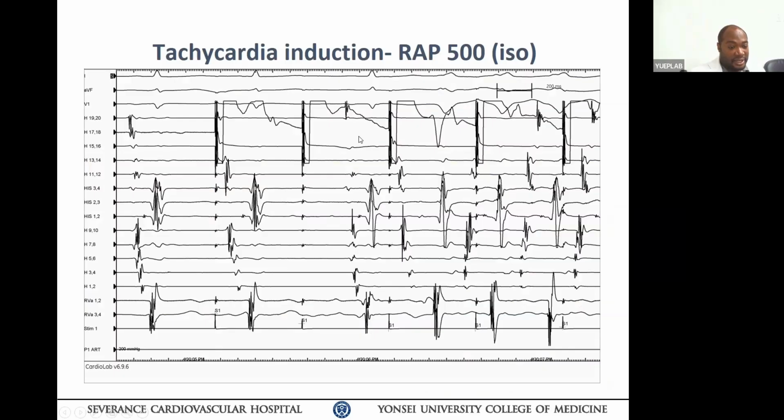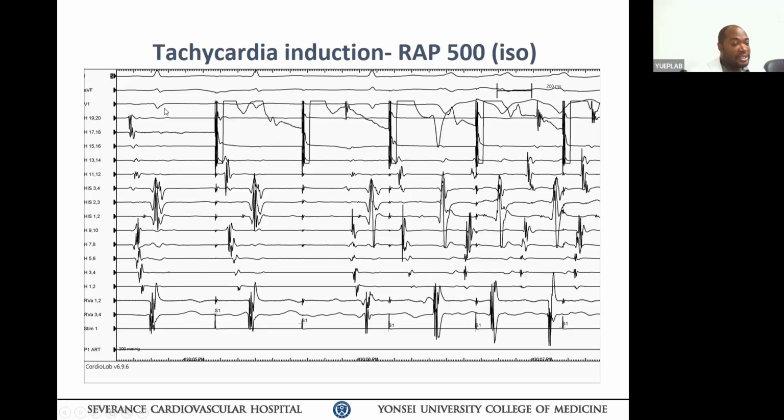Then this here is likely an APC that occurs because the pace signal is coming this way. Then this triggers tachycardia, and once the tachycardia triggers, we have an eccentric activation pattern, with the earliest A being in the CS 1, 2, 3, 4 area.